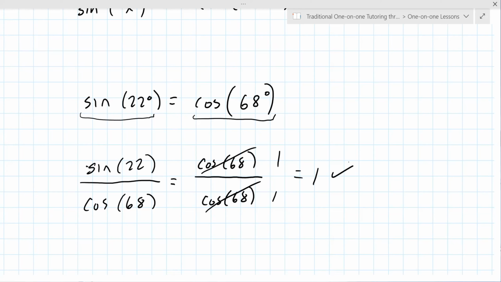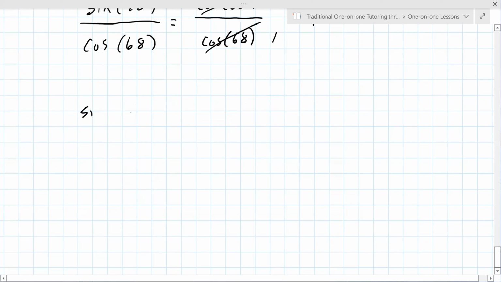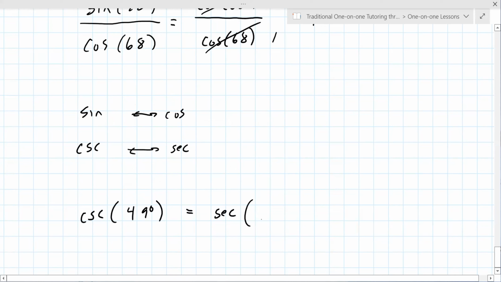So this works for more than sine and cosine. Sine and cosine are paired, but so are cosecant and secant. It's the same idea. The cosecant of 49 degrees equals the secant of 41 degrees, because 49 plus 41 equals 90.